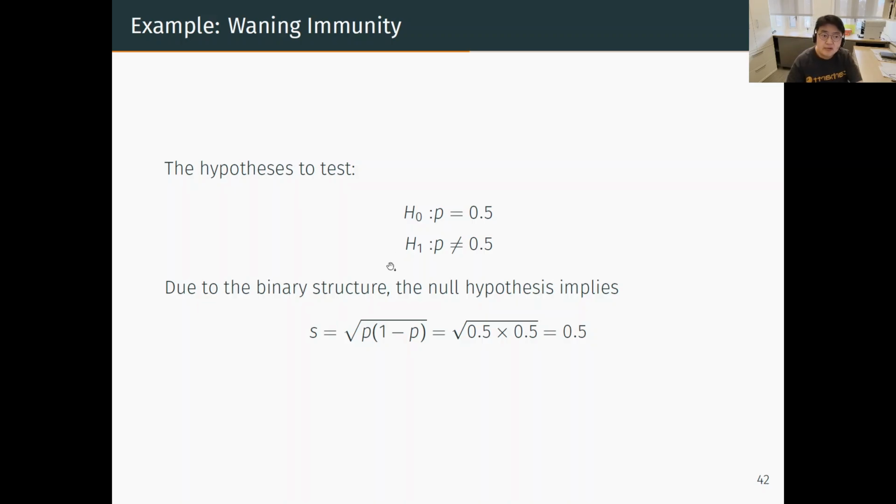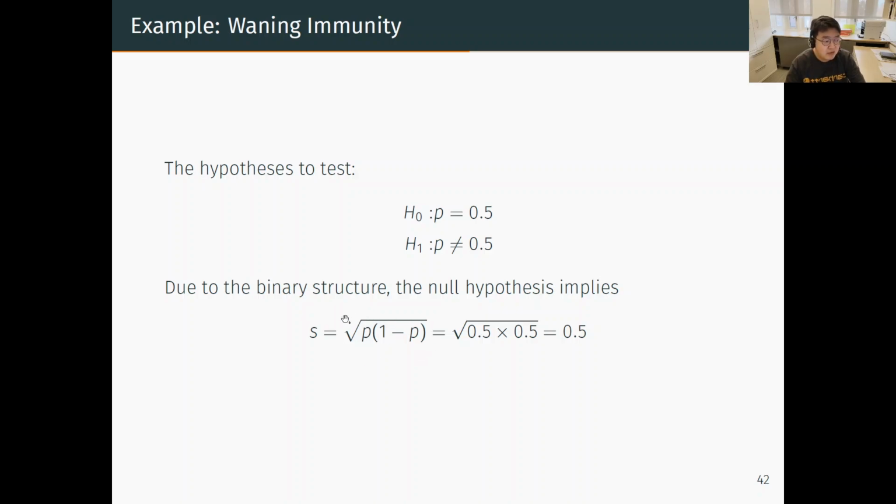And remember, when we have a binary structure, the overall process is the same, but we need to use the standard deviation according to the binary distribution. In a binary distribution, the standard deviation is this.